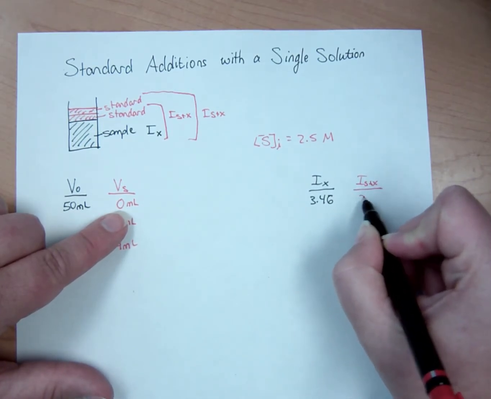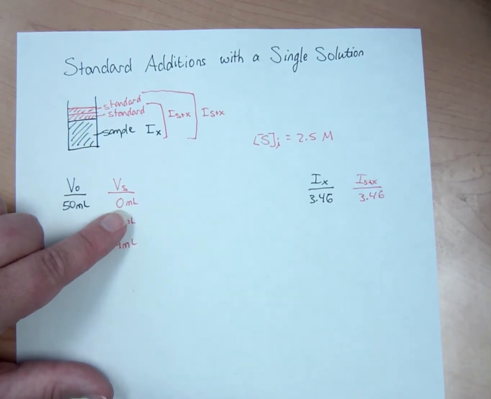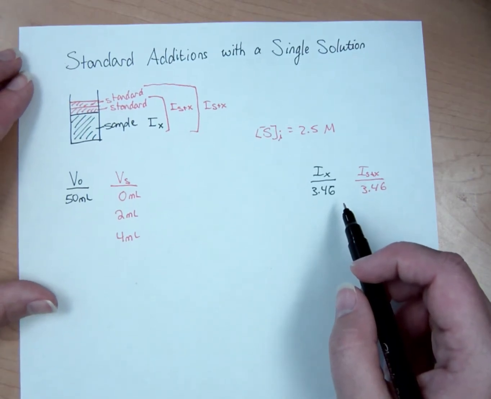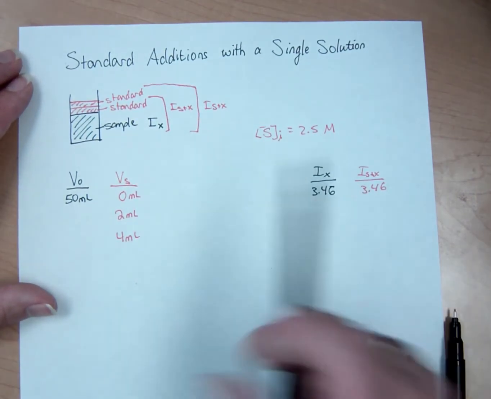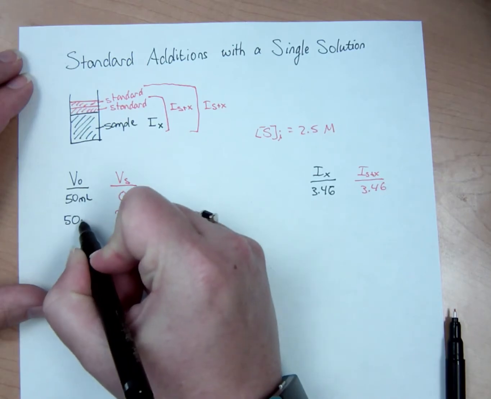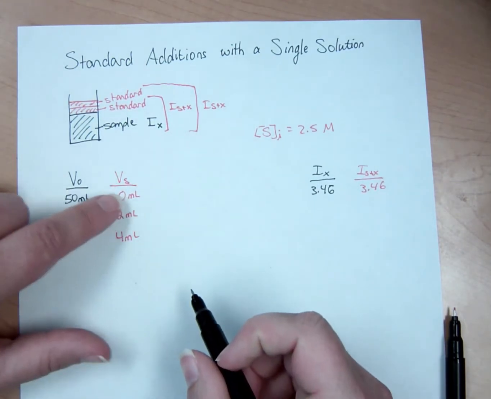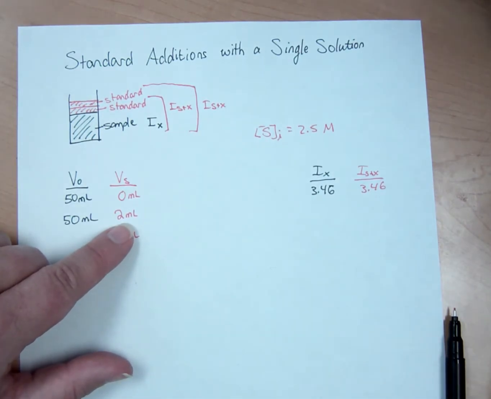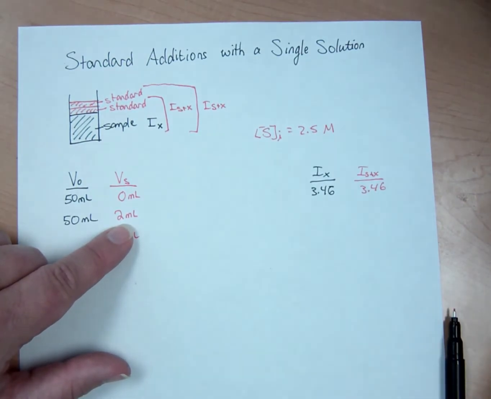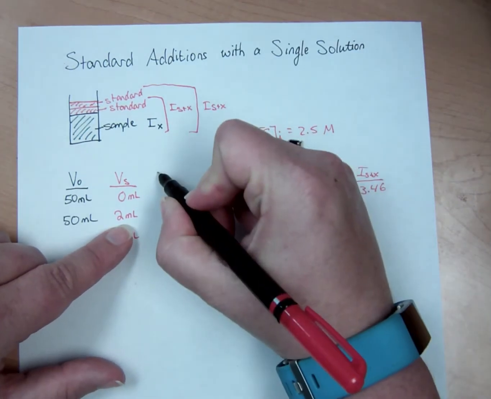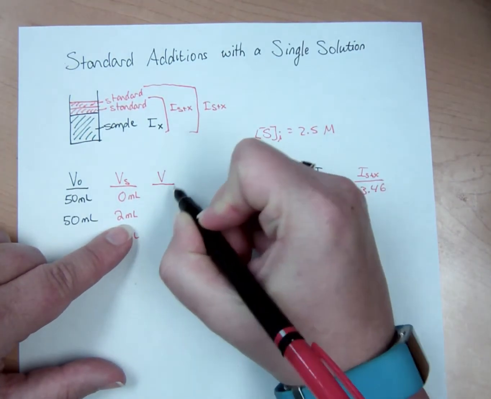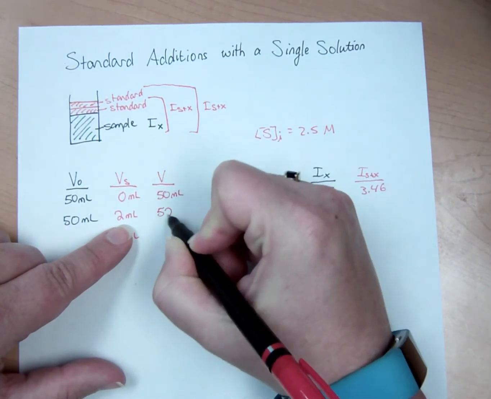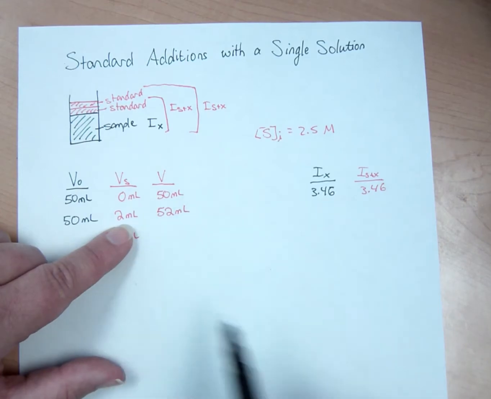It would measure the same as just the sample because there's no extra standard in there. Okay. But so I take that first 50 mL of sample that has no standard in it, and I'm going to add 2 mL of standard to it. I now have a total volume, instead of 50 mL, I now have 52 mL because I've added 2 mL of standard.